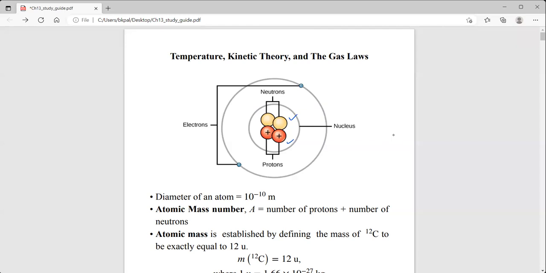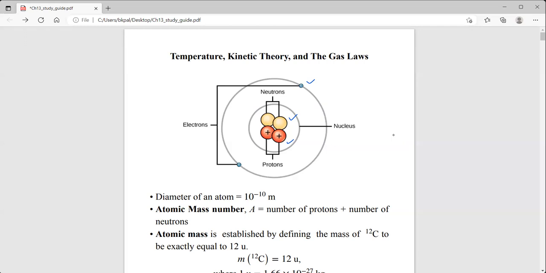In the outer shell we have electrons, and electrons are negatively charged. So this is basically a helium atom.